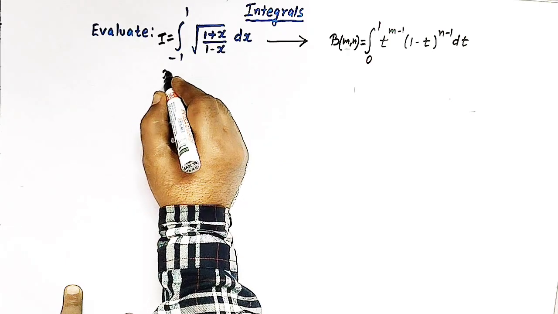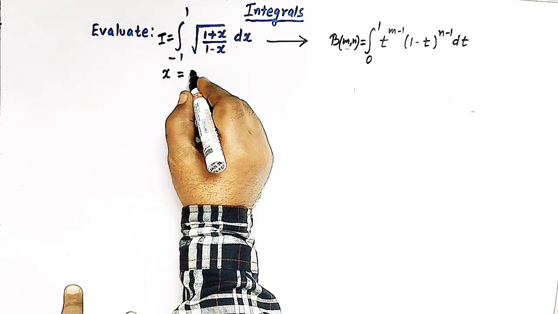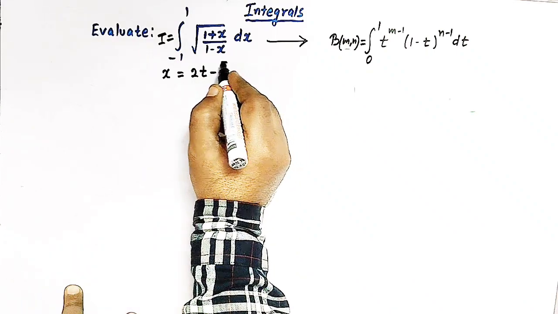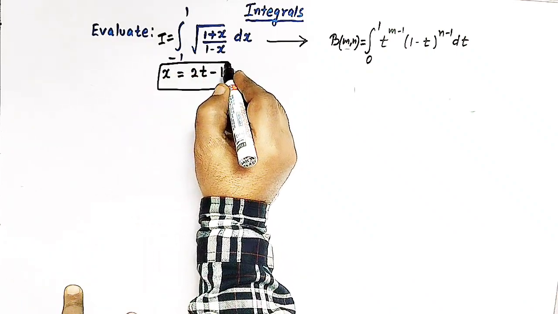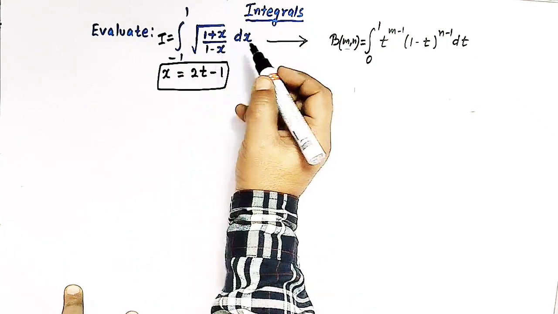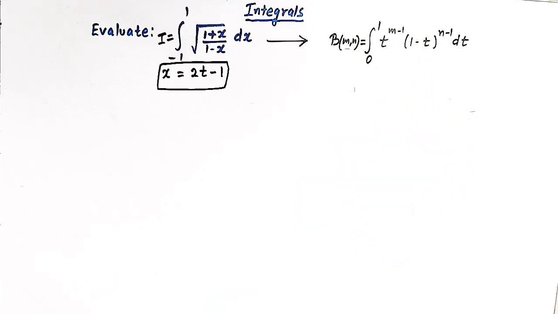So let us substitute here. x is equal to 2t minus 1. So this is the important substitution which we are going to use to convert this integral into beta function.